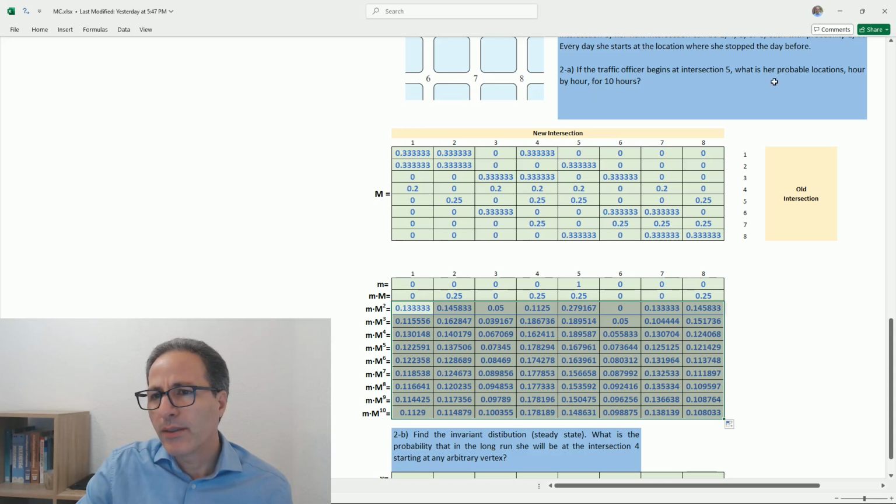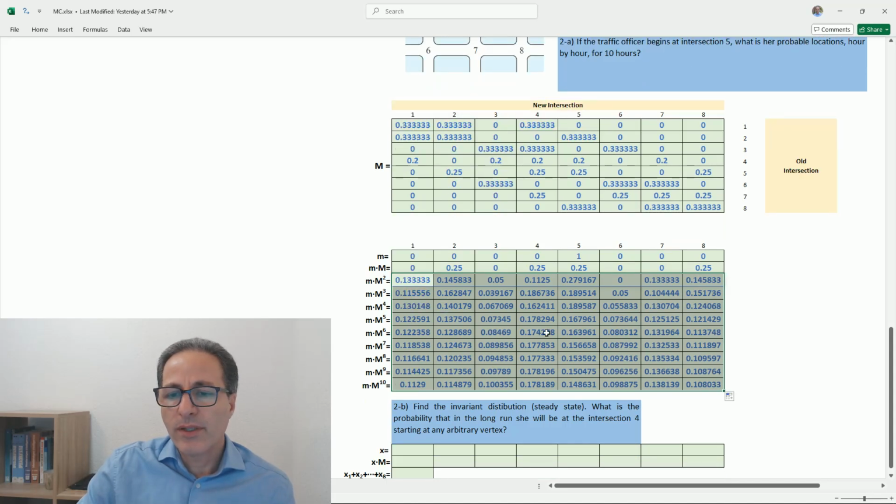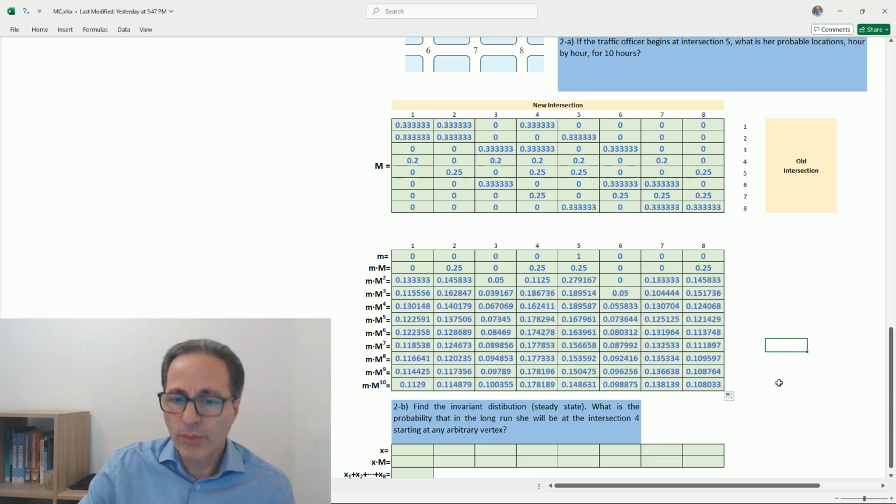Hour by hour, in each hour we see what's happening for 10 hours. For example, what's the probability that she's going to be at intersection 5 after 10 hours? It is 0.14, or any other probability we can read from here.